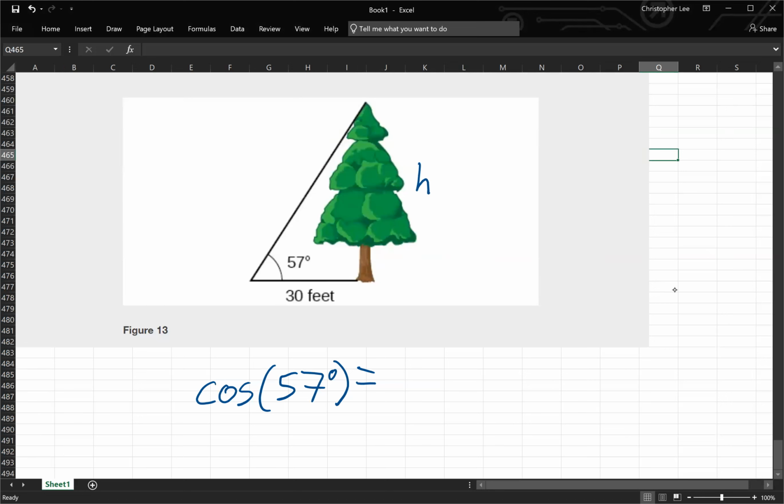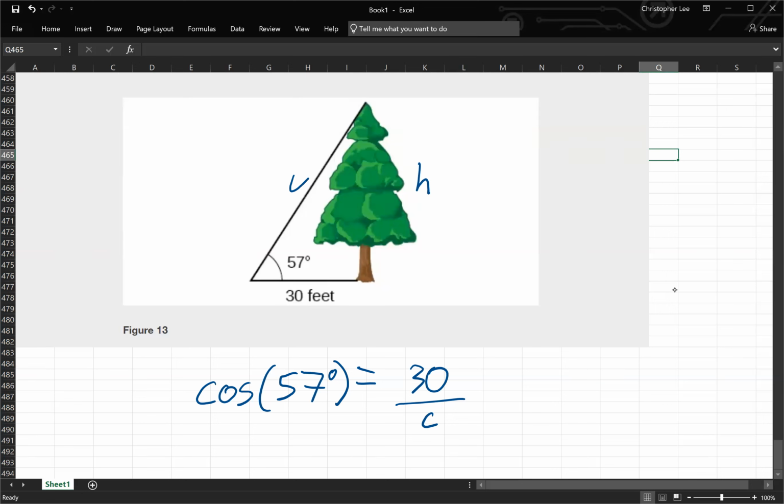What's the adjacent here? 30 is the adjacent, so 30 over what? I'm going to just call this C over here. So it'd be 30 over C, right?